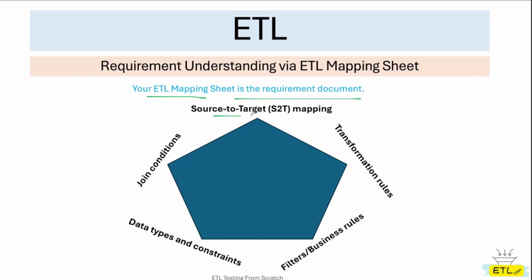It has source to target mapping, join conditions, transformation rules, which we have already covered in an earlier video, data types and constraints, your primary key, foreign key, what kind of data is date type, string type, number type, and filter and business rules like join conditions and filtering rules. So that pretty much covers your requirement understanding.